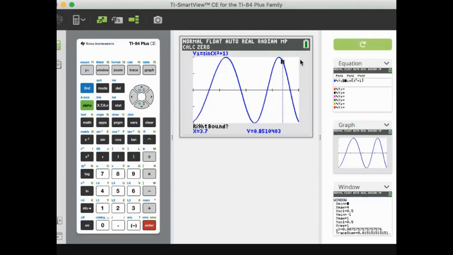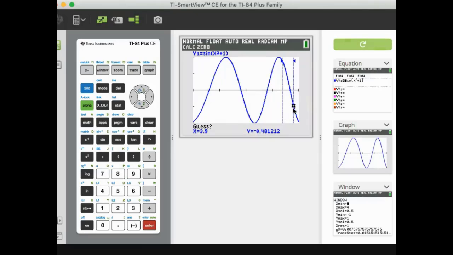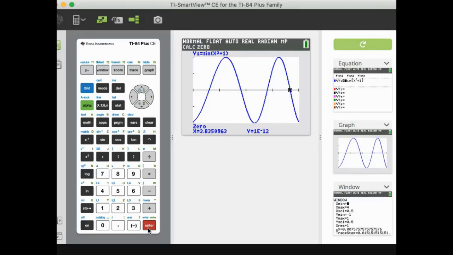I never want to use a value at the end. You always want a value on the interval, not on the endpoints. So I'm going to say 3.9. That's a value to the right, and you should see that this point is in between these two lines. If you press enter, we're going to get 3.835, and those are the two places where we get a maximum.